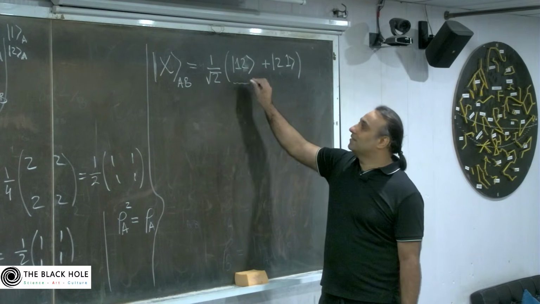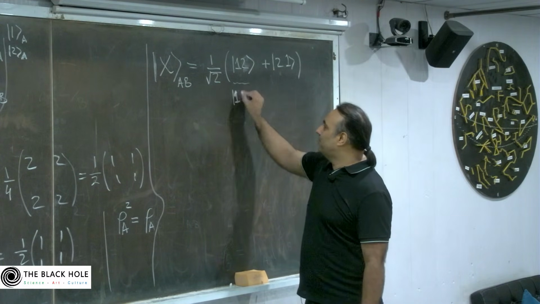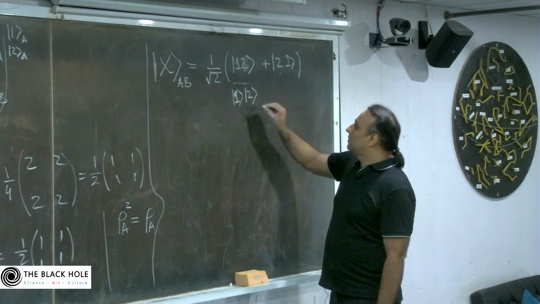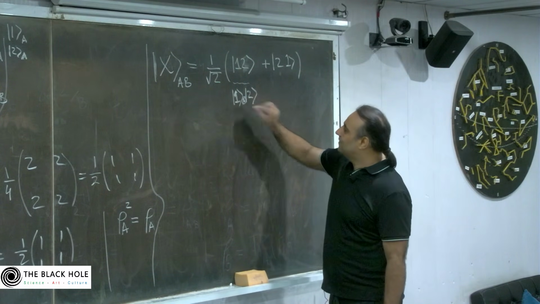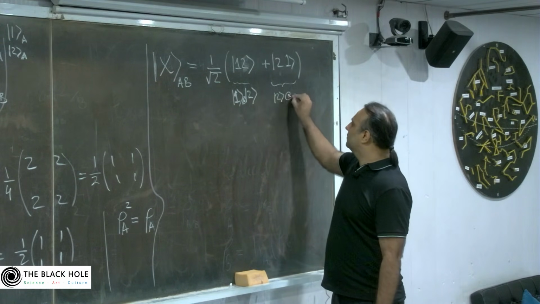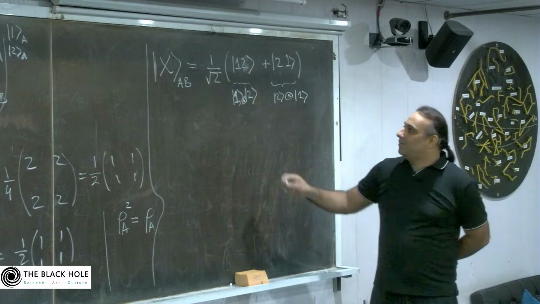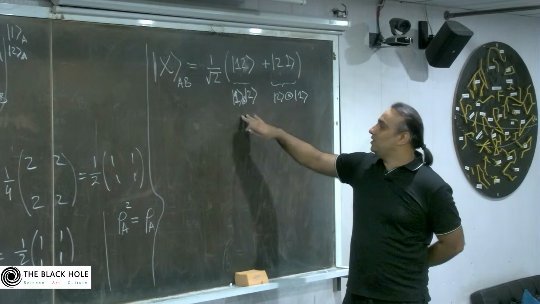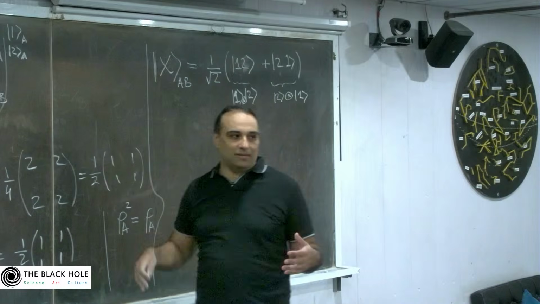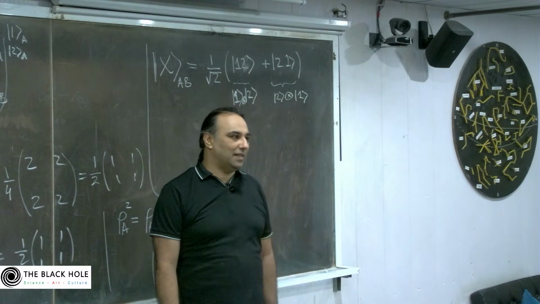So this is a product 1 and 2, which basically means 1 and 2, and this means 2 and 1. But this state is a superposition of these two. Okay, so that's a valid state. It's perfectly valid for this composite system. There is no problem with that.